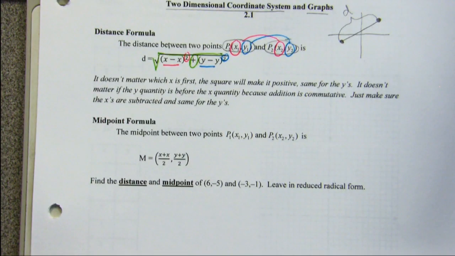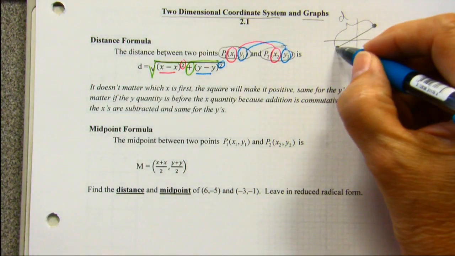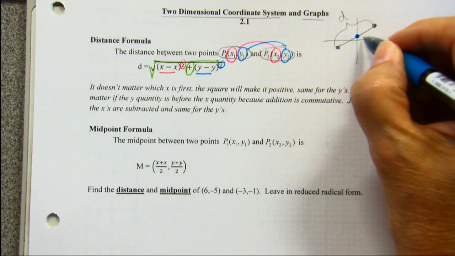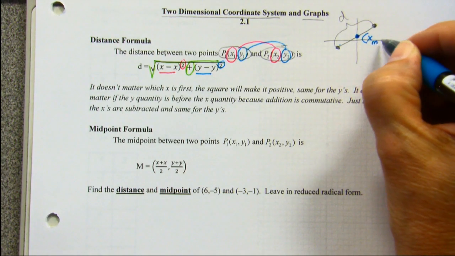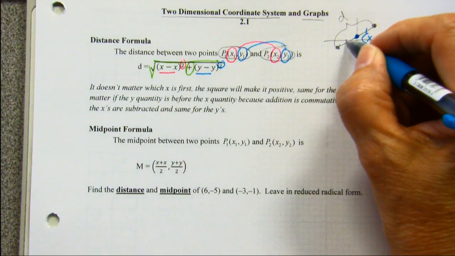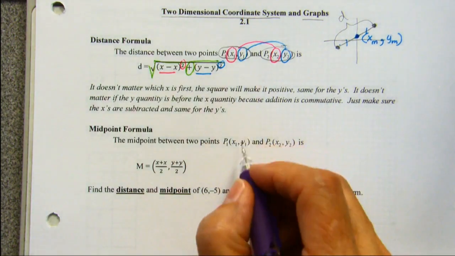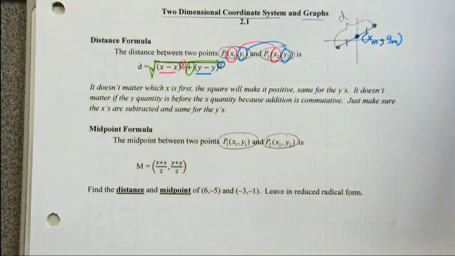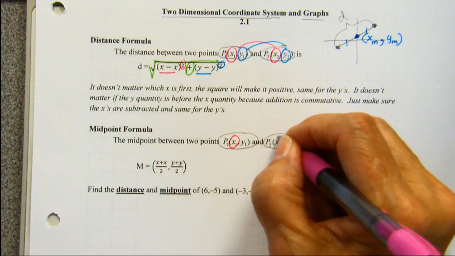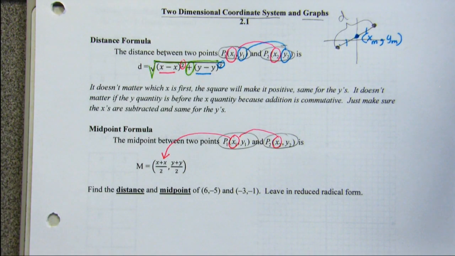Okay, then we have the midpoint formula. The midpoint says between the 2 points, what's that coordinate, x sub midpoint, comma, y sub midpoint, what's that point right in the middle that divides that segment into 2 equal segments? You have the same points. You take the x coordinates, but this time you add them instead of subtracting them, and you divide by 2.